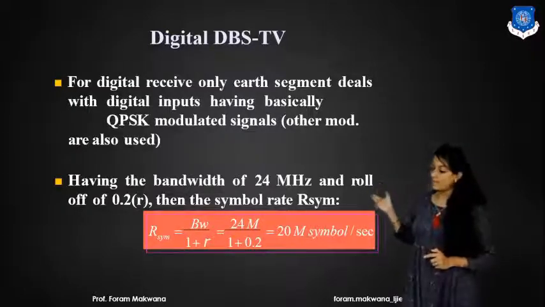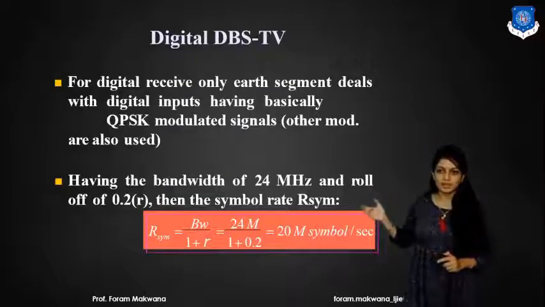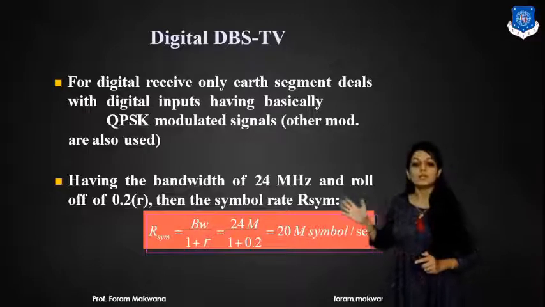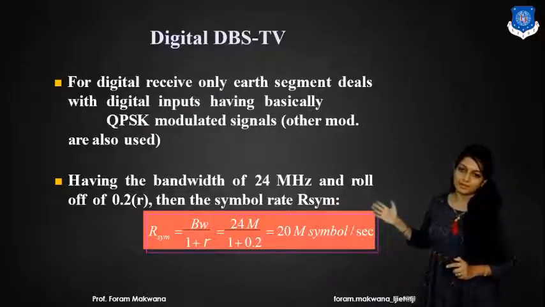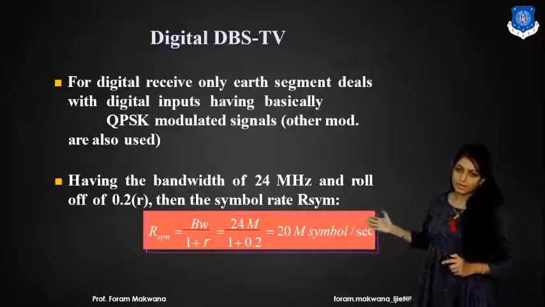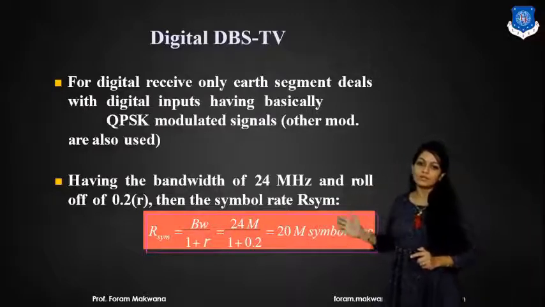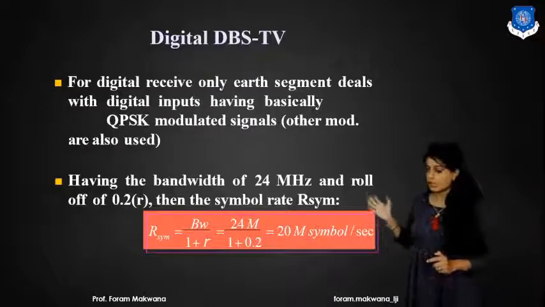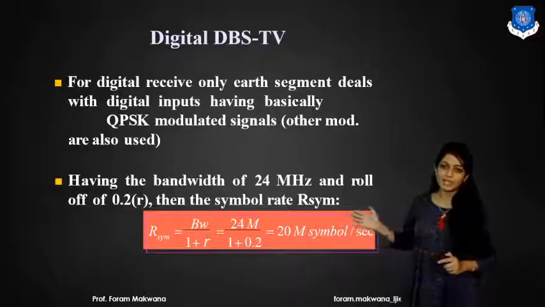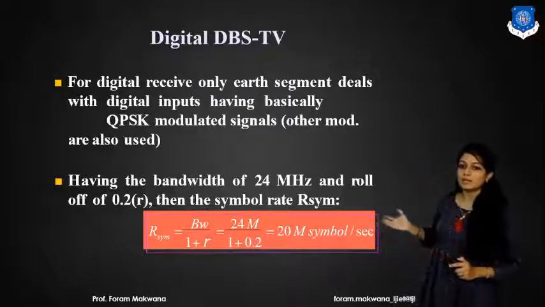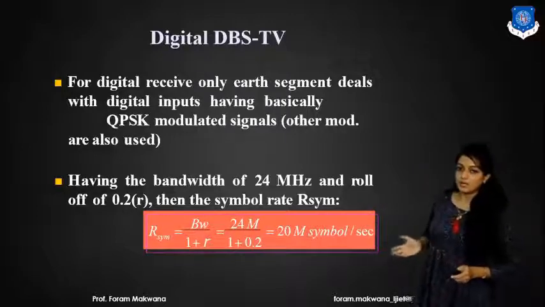With a bandwidth of 24 MHz and a roll-off of approximately 0.2, we can calculate the symbol rate. The symbol rate is the ratio of bandwidth to 1 plus the roll-off factor. That is 24 megahertz divided by 1 plus 0.2, so we get 20 mega symbols per second.